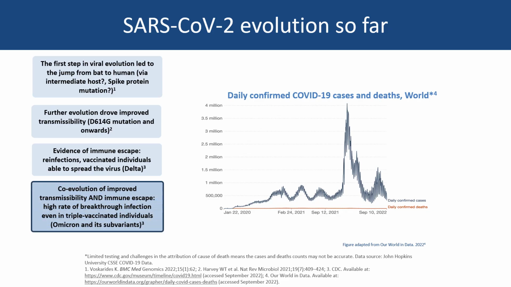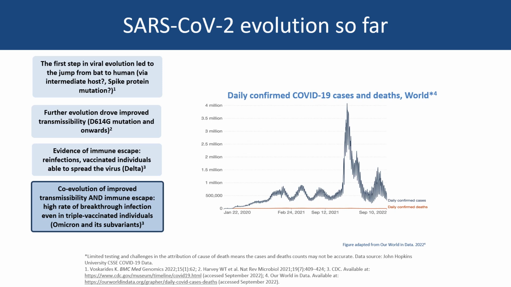Omicron is the most recent variant, but there have been multiple subvariants since it emerged, and each of these subvariants has demonstrated slightly improved transmissibility and immune evasion. And this was demonstrated by the higher rates of breakthrough infection in vaccinated individuals or previously infected individuals.